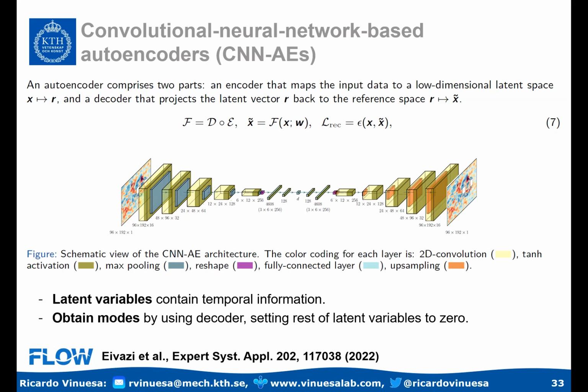What you're hoping is that in this bottleneck, in this latent space, you can really compress the data quite significantly, exploiting the nonlinearities that you get through the successive application of these convolutional filters. Of course, autoencoders are very good at compressing data, but they don't give you orthogonal modes, and they don't tell you anything about ranking those modes in terms of their reconstruction contribution. So the physical interest is a bit limited, I would say.